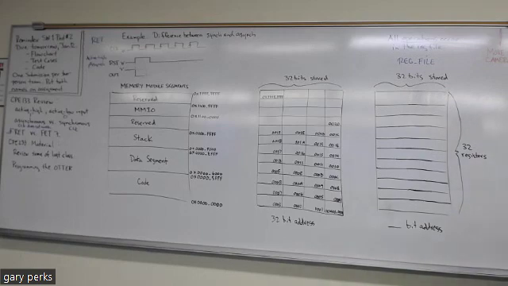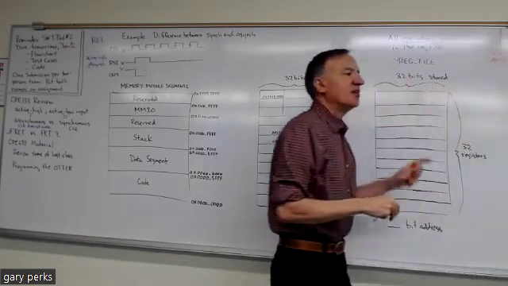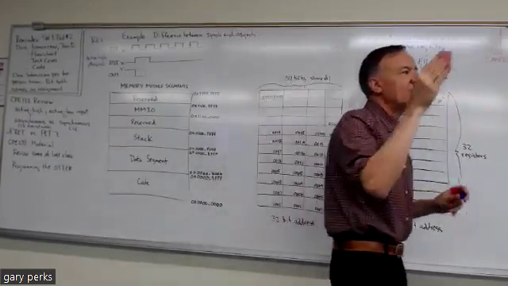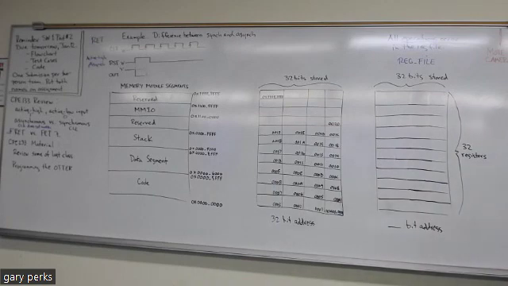Now, since there's 32 registers, and remember last time we talked about how registers have an address, which is just a number that distinguishes that register from all other registers. So if I have 32 registers, how many bits do the addresses have to be? What's the minimum number of bits that I would need? 5, right.